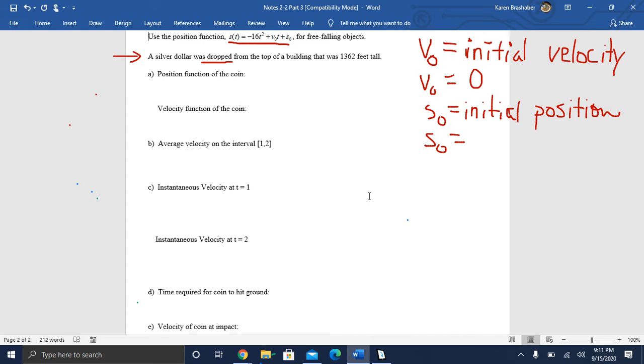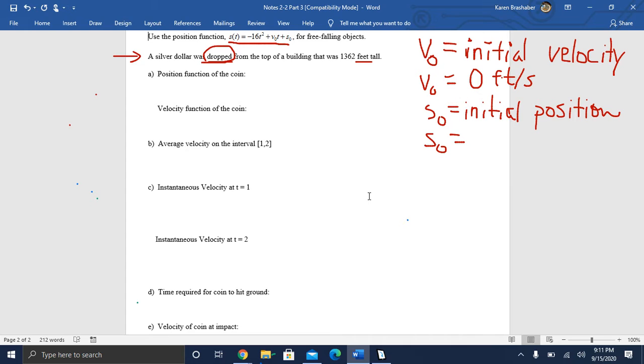And since the building, later on you'll read, is measured in feet, I did not give you in these instructions a unit for your velocity, but we will use feet per, and then since it's measuring an object falling, it would make sense that the time unit would be in seconds. So this will be 0 feet per second. Because this object was dropped, it's starting off with an initial velocity of 0.